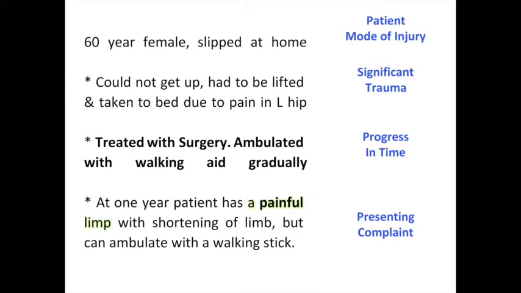Another scenario, same treatment taken, but he comes with a painful scenario. Now these two categories could fit into a failed treatment. That means although the patient was given treatment for his problem, he comes back after 1 year with a disability, signifying that there is a failed treatment.